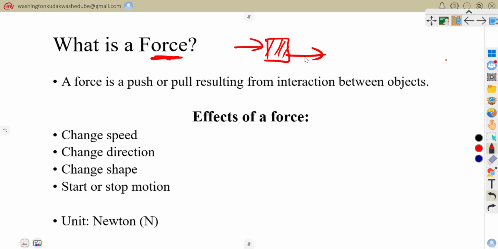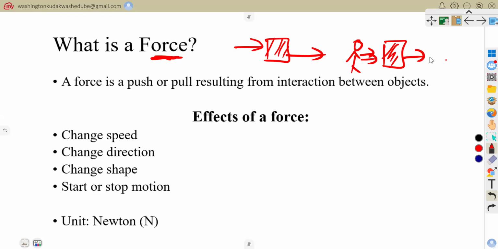So we are going to adopt this definition, where we say a force is a push or a pull that results from interaction between objects. If you push a box, you are applying a force.